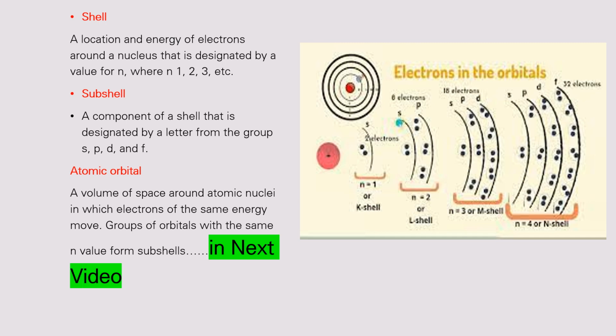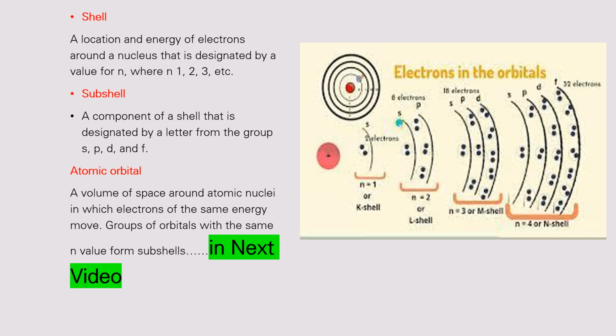Firstly, this is shell. The location and energy of an electron around a nucleus is designated by a value of n. To simplify, if we look at the diagram, here we see this is the nucleus. Around that, this is the first shell, n equals 1, or K shell.